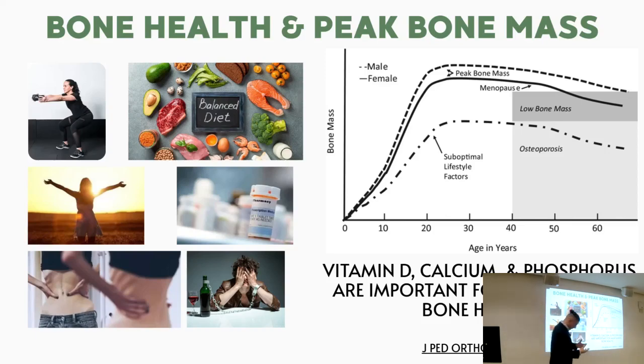So we've got hormones: testosterone is a crucial one in males, estrogen is a crucial one in females. And you can see on our graphic, as women come into the menopause and we have a reduction in the amount of estrogen being produced, they can start to lose bone mass more rapidly.